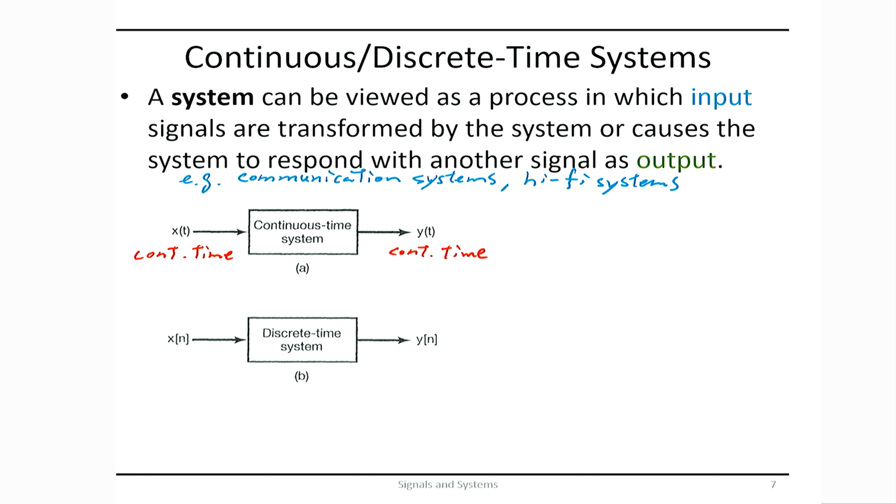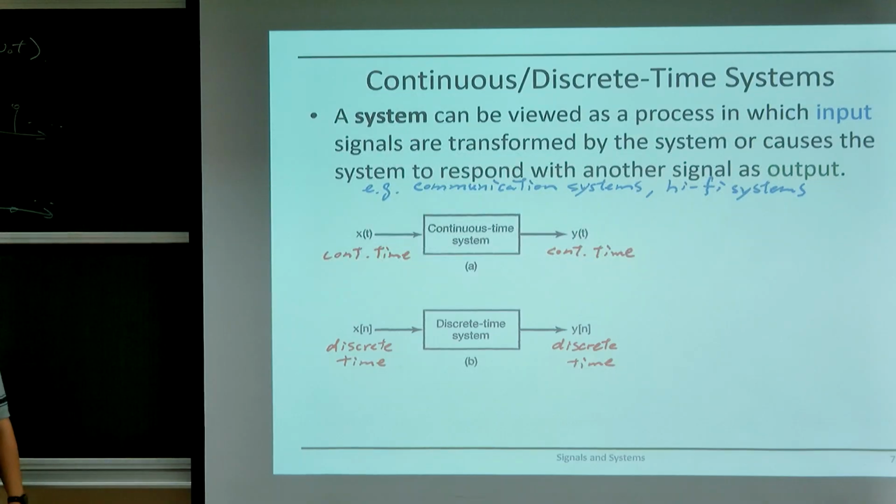And if your input and output are discrete time, then you say that your system is a discrete time system.